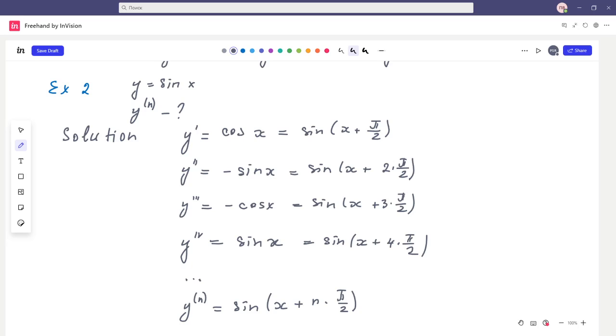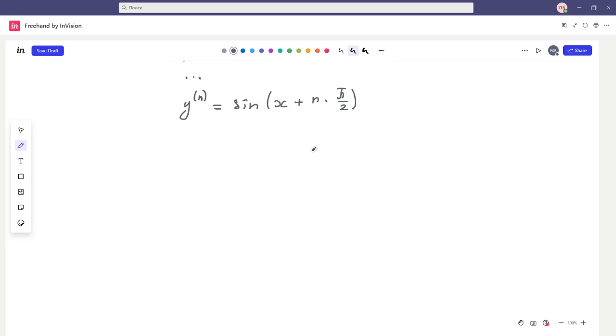The student himself can find the formulas for derivatives of the nth order of the function y is k to the power x, y is x to the power of k, y is cosine of x, y is natural logarithm of x, for example.